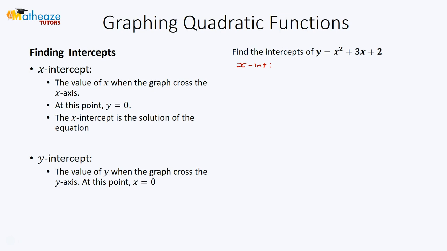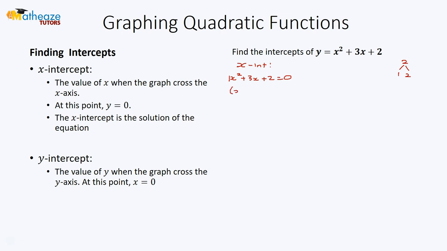For the X-intercept, we say x squared plus 3x plus 2 equals 0. And remember, our method here is that we multiply the coefficients 1 and 2, so we have 2, and then we look at the factors of 2 that give us 3.